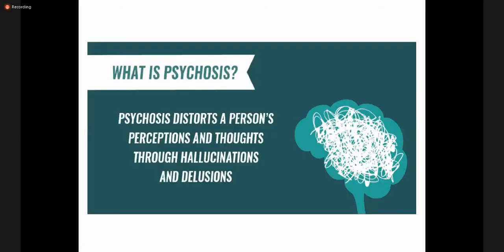So first, we will talk about psychosis. What is psychosis? Psychosis is a condition where a person's perceptions and thoughts are distorted because of hallucinations and delusions. We will also be discussing what hallucinations and delusions are.